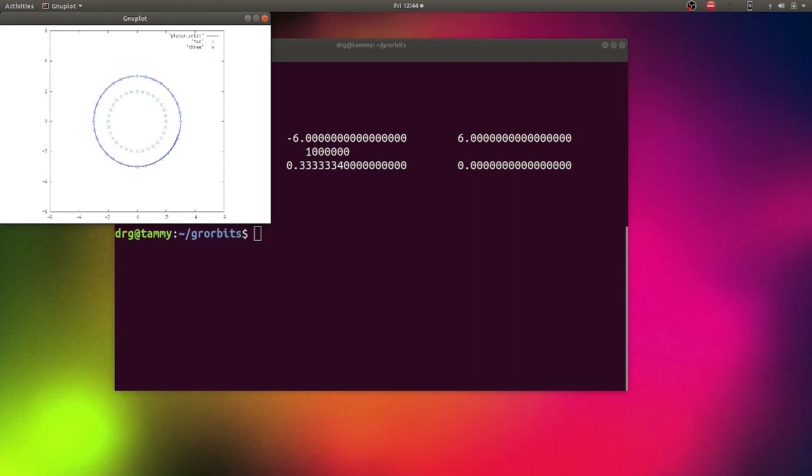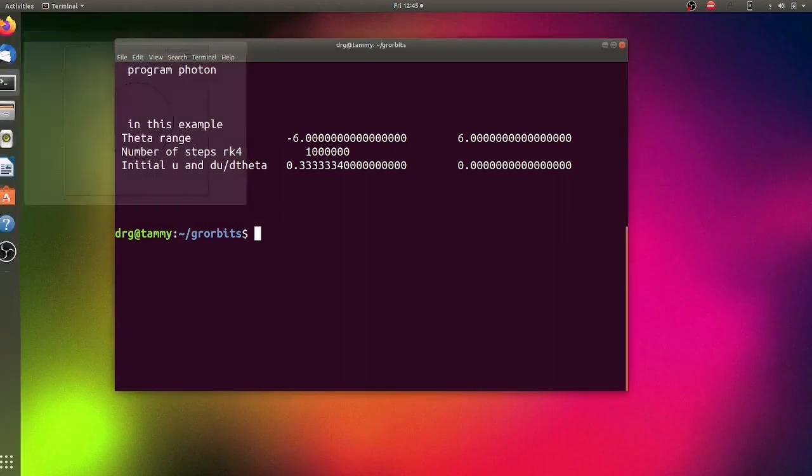In this one, u is very slightly bigger than 1/3, meaning that r is very slightly less than 3. If you just look at this, you think that you have a stable orbit, but that can't be right. So let's rerun this by making the maximal theta value bigger.